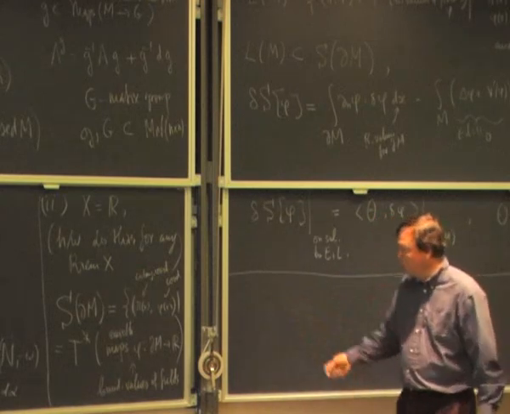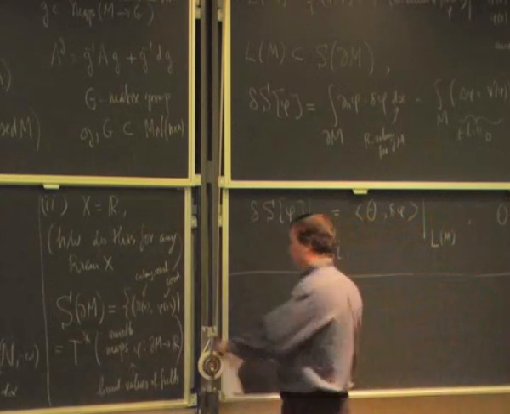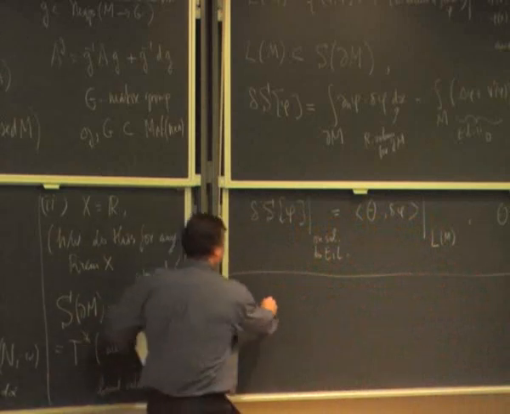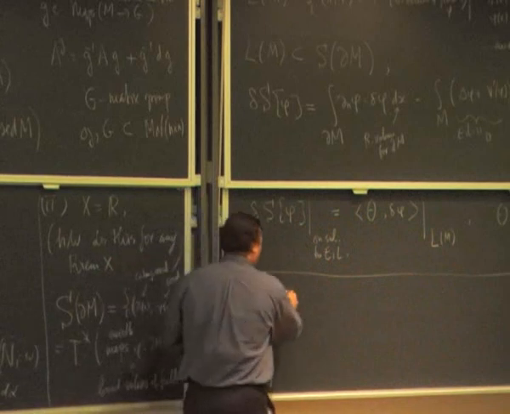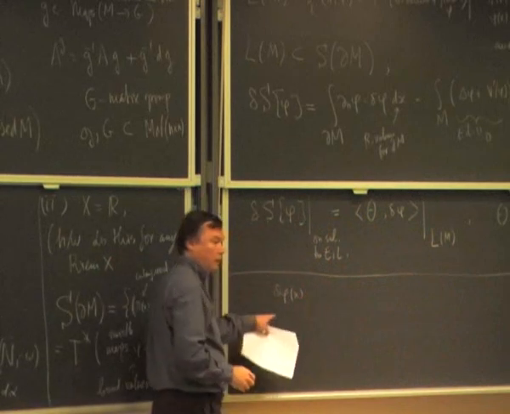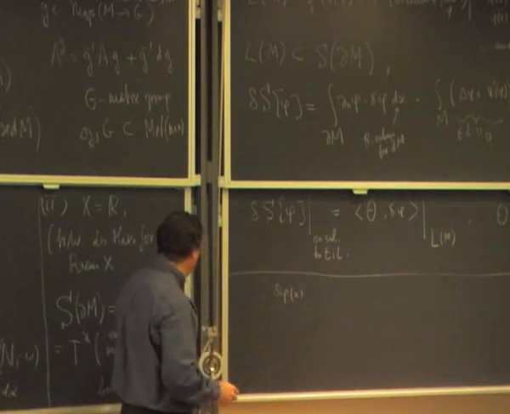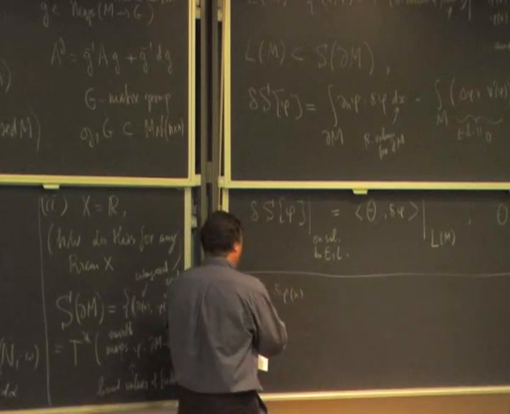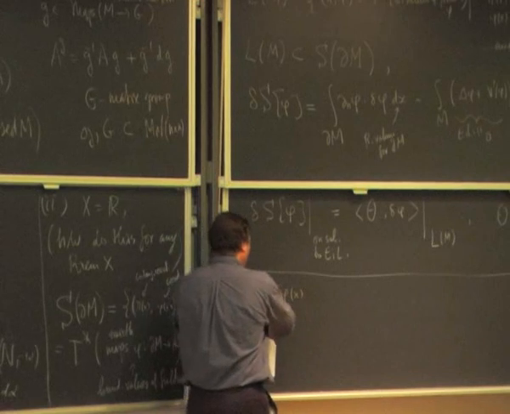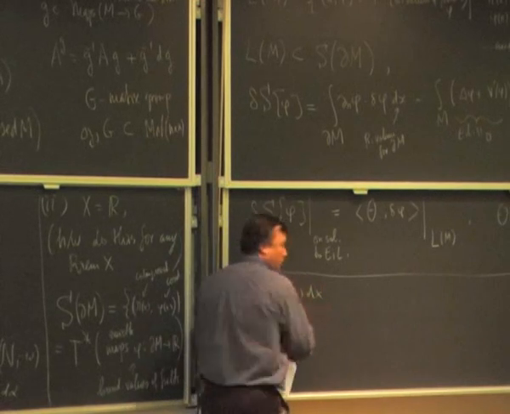So in this case, these are the coordinate functions. So if you have a vector field on this manifold, then that would be the thing.